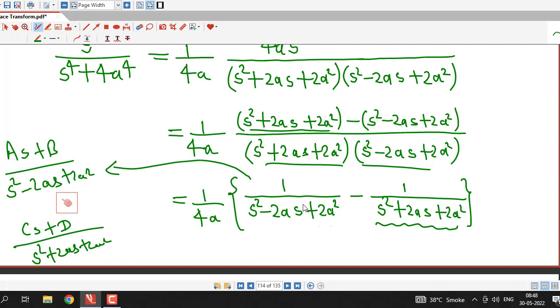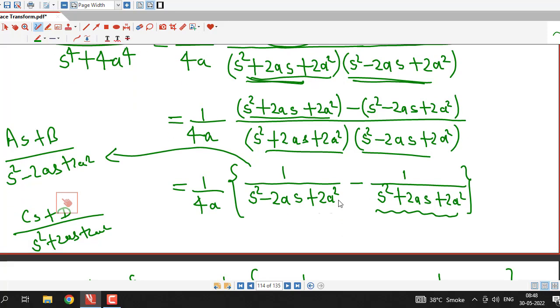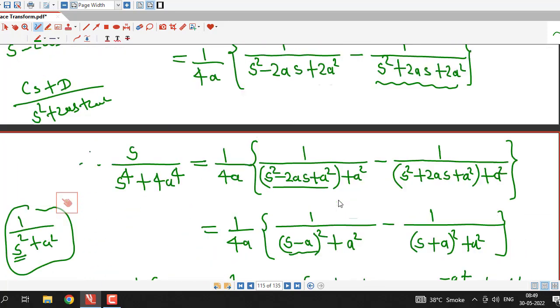But here it is possible to write this numerator as the difference of these two, and because of equal degree, both are polynomials of degree 2, we are able to write 4as as the difference of these two, and we are easily able to convert this in terms of partial fractions.